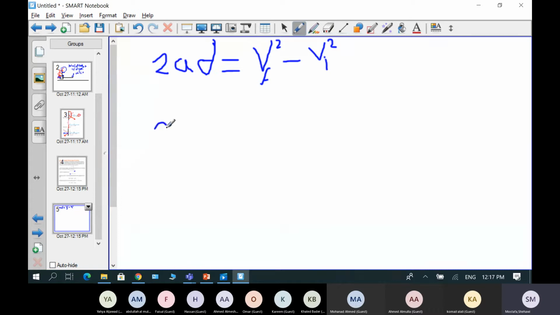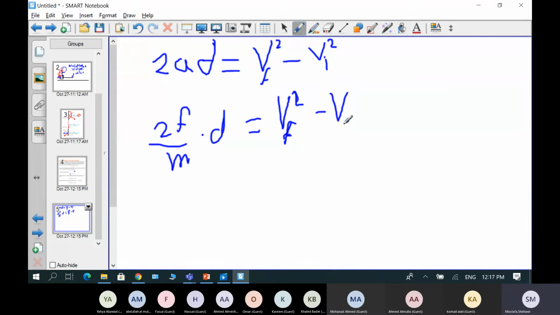So we will have 2F over m multiplied by d equal to V final squared minus V initial squared.